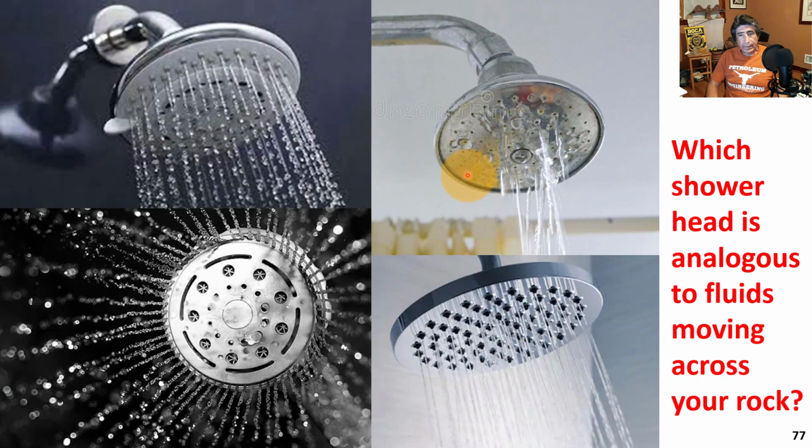But rocks are not like that. And so, again, profuse apologies, but let's look at rocks from the viewpoint of shower heads. Maybe some of you have a rock that looks like this upper right shower head that is barely dripping.